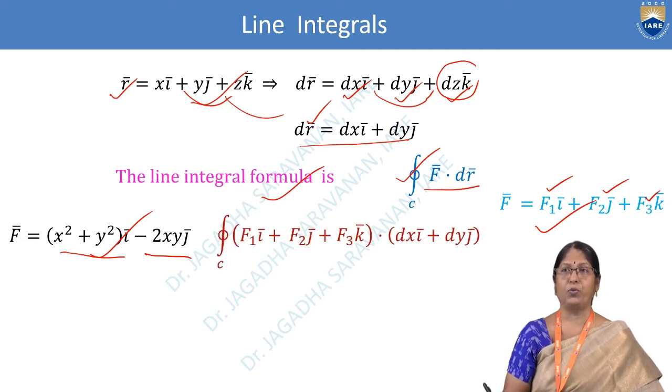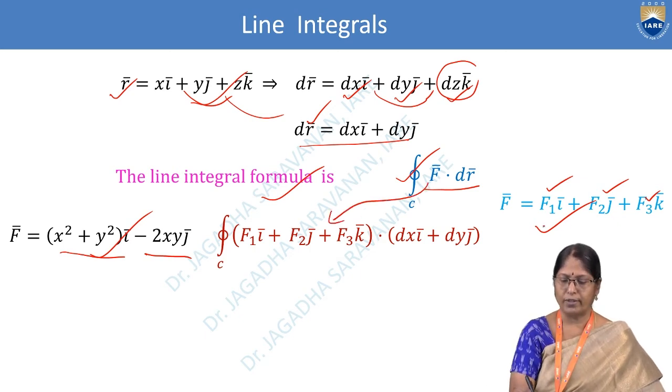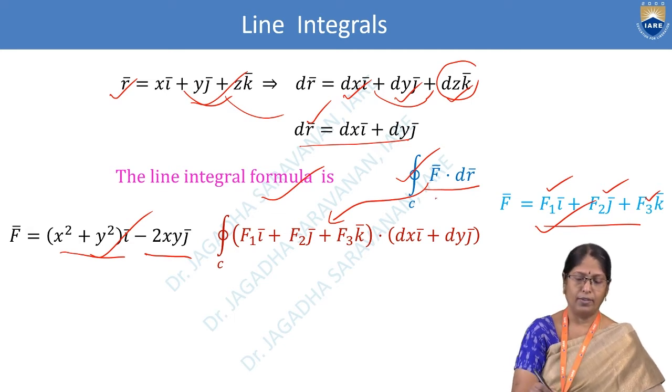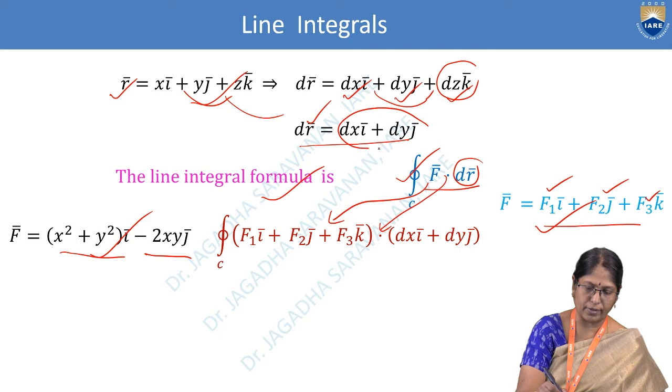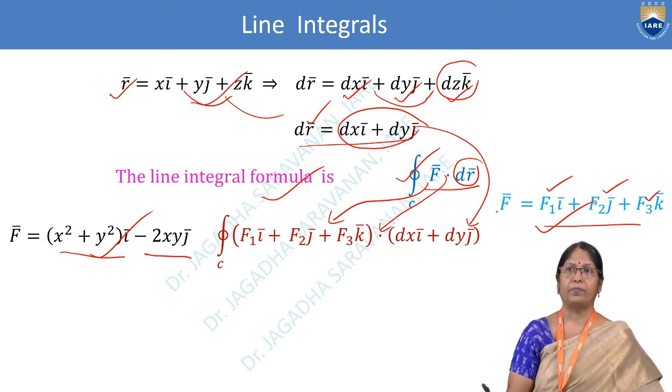We are substituting it in the F place. The dot product is written as it is. The dr, which we just discussed, is written here.